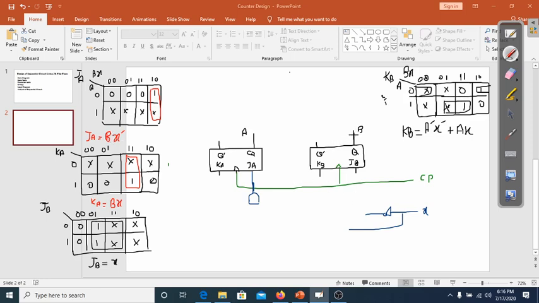So this output I will AND with X complement. Now KA is equal to B into X. Here again I will use one AND gate.